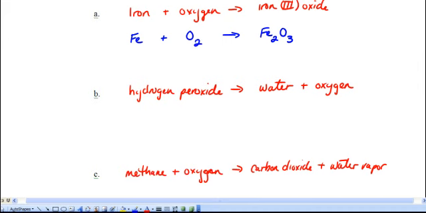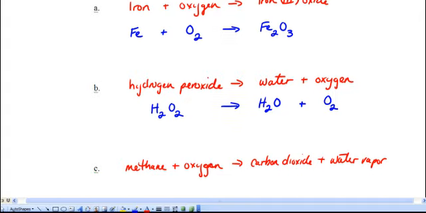Instead of saying hydrogen peroxide, you might say H2O2 produces H2O and O2.